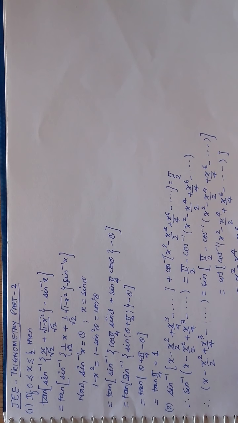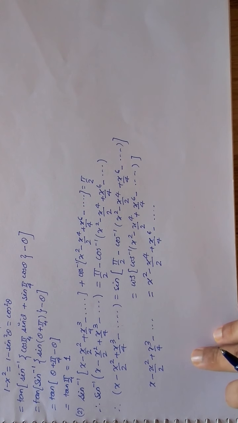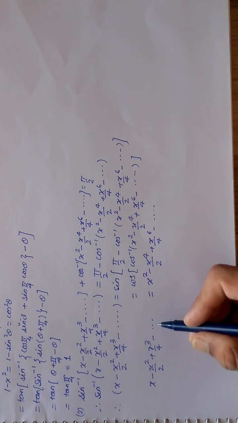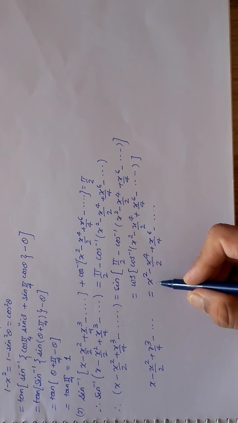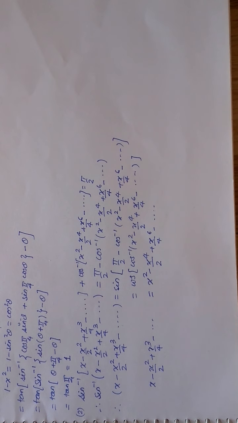So we get x minus x square by 2 plus x cube by 4 minus dot dot dot is equal to x square minus x raised to 4 by 2 plus x raised to 6 by 4 minus and so on. Now these two are there.